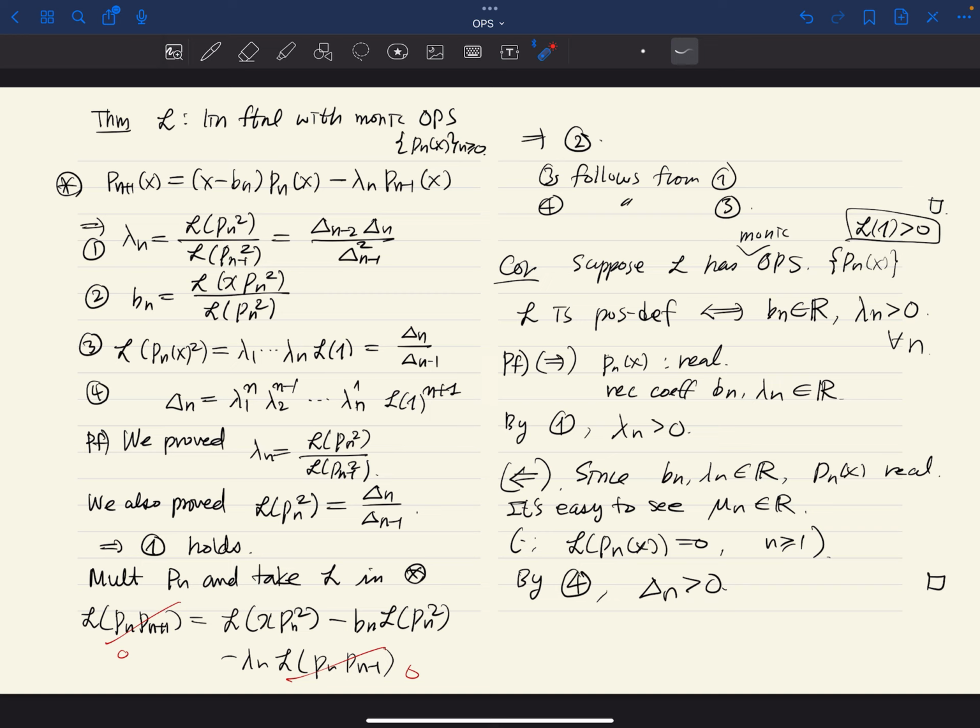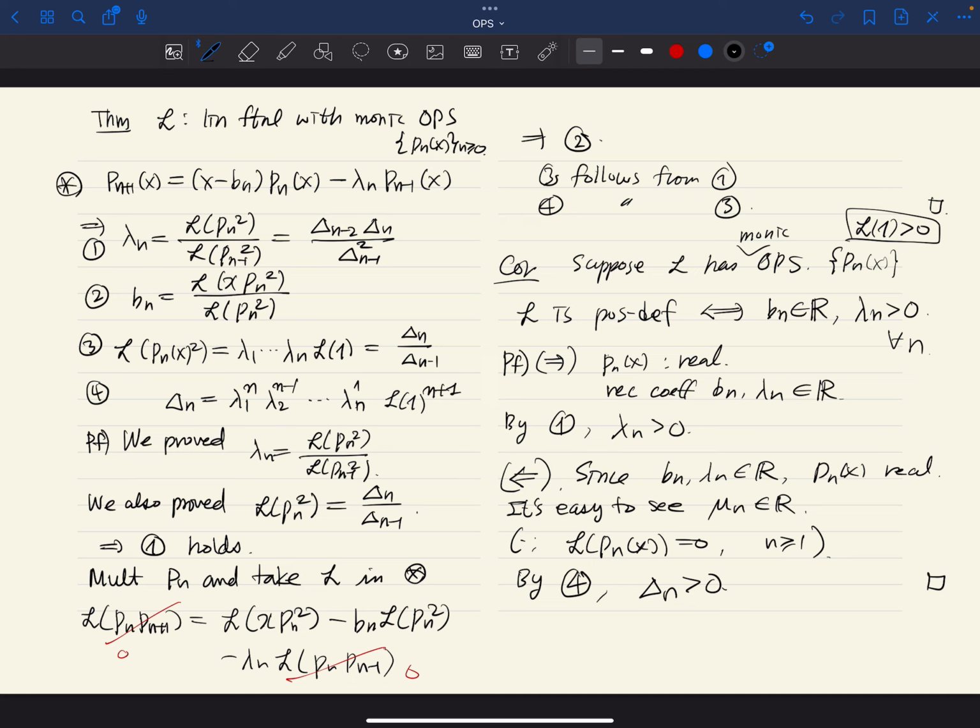So in that case, if you want recurrence relations like this, you have to make these orthogonal polynomials monic by rescaling. But the rescaling is just dividing each polynomial by its leading coefficient. So you can always get monic polynomials and you get a recurrence like this.